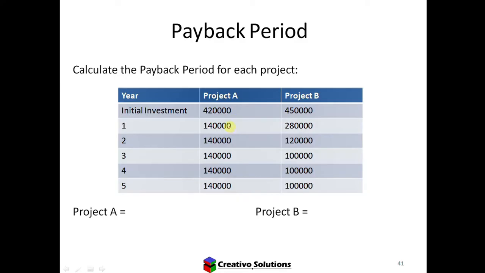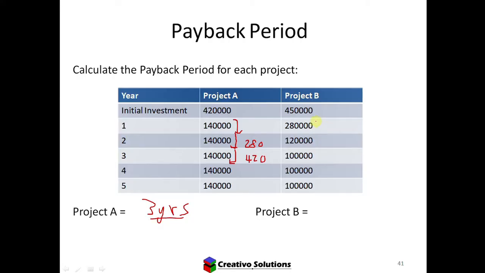You would have done this last year in FIN3701. You first have to calculate how long it would take you to get your initial investment paid off over your years. Correct. So 140 plus 140 is 280. 280 plus 140 is 420. What's the payback period for this one? 3 years. Make sense? Yes.